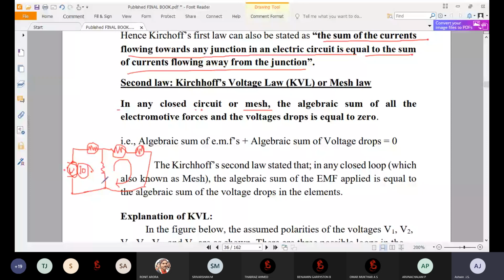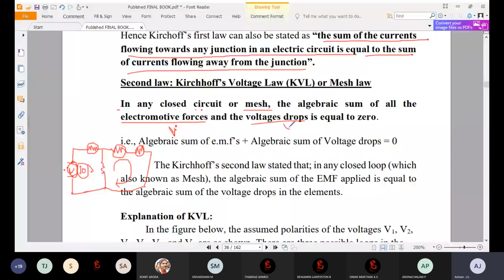In a closed circuit or a mesh, the algebraic sum of all the electromotive force and the voltage drops is equal to 0. The electromotive force represents the voltage source V, and the voltage drop represents the voltage occurring across each and every component.